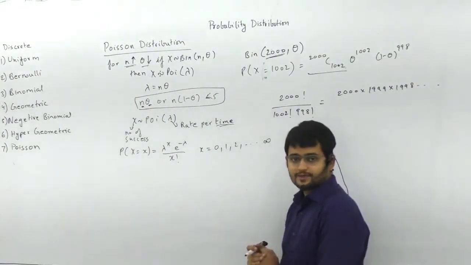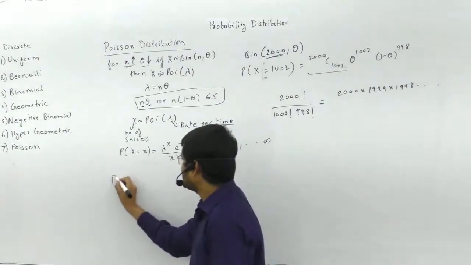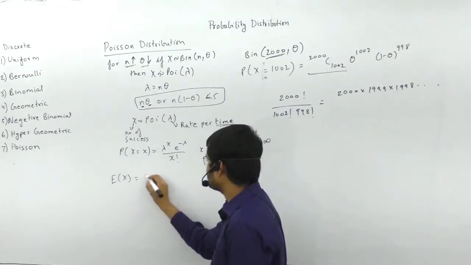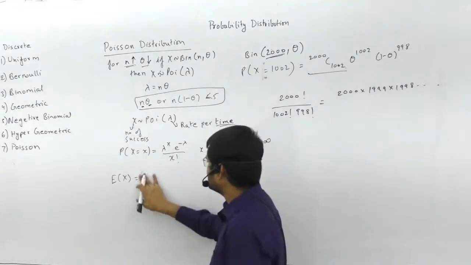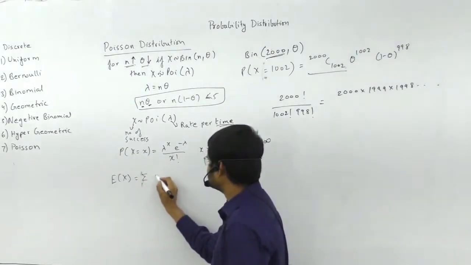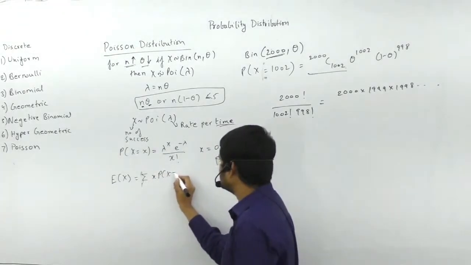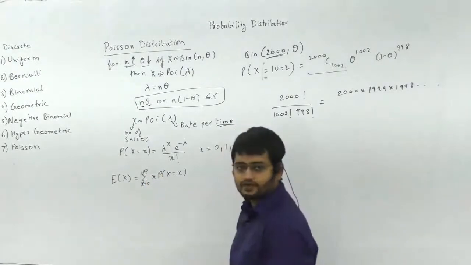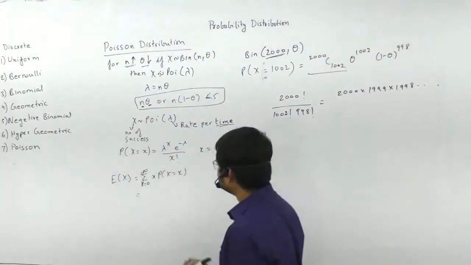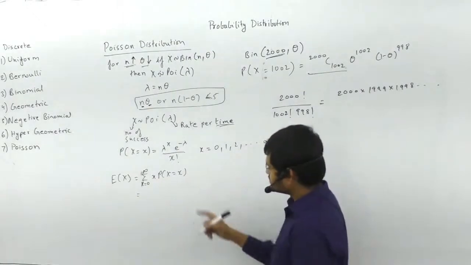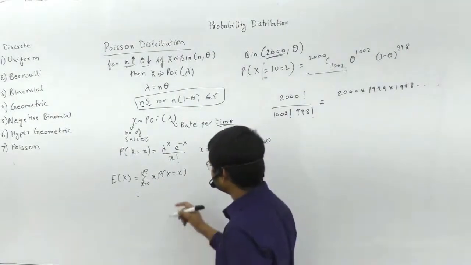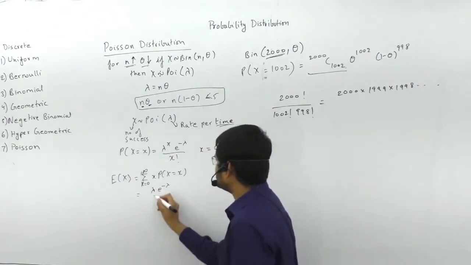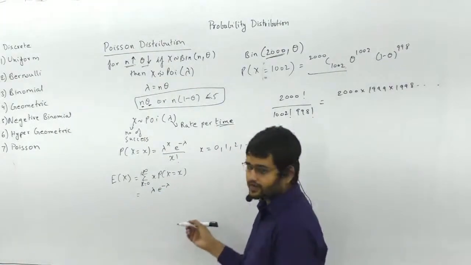Now, let's find the expected value. So, expected value, we'll have summation x into probability x is equals to x, where x will be from 0 to infinity. That is nothing but for x is equals to 0, this term will be 0. For x is equals to 1, we'll have lambda e raised to minus lambda upon 1 factorial. 1 factorial is nothing but 1.